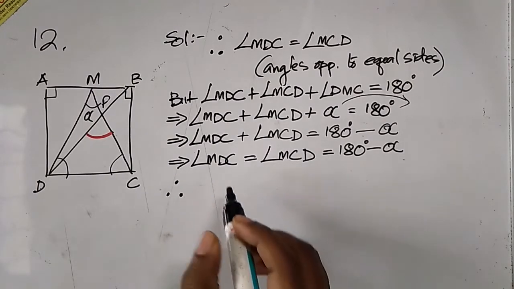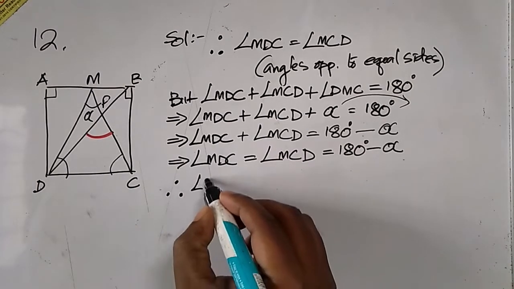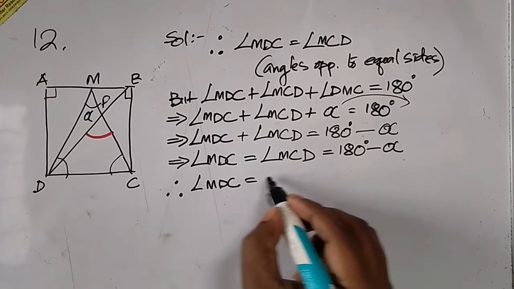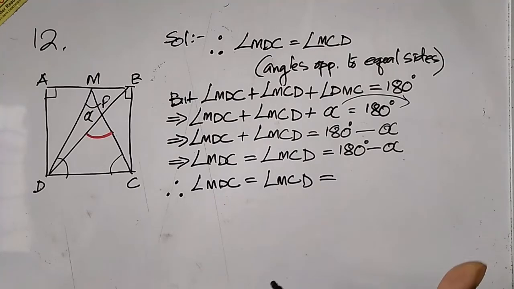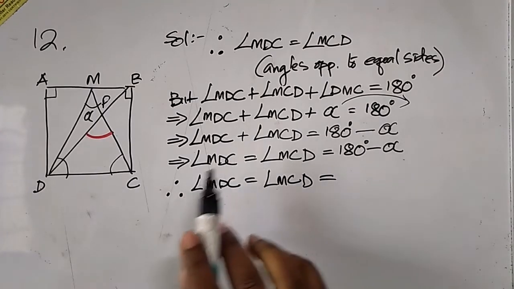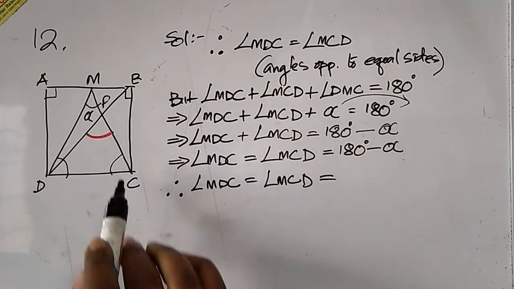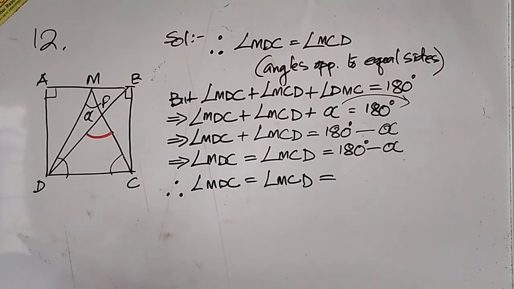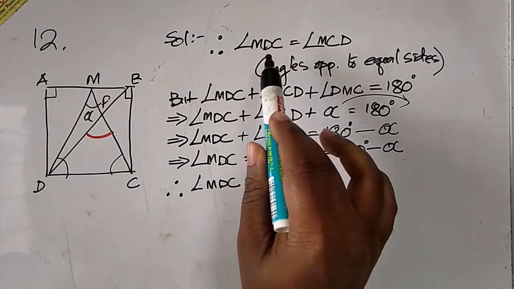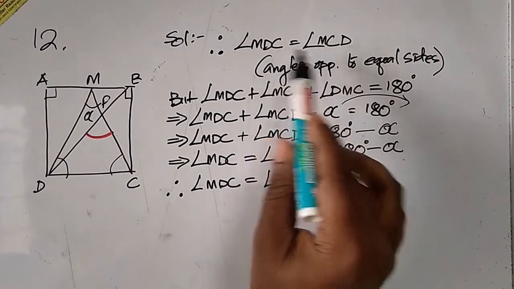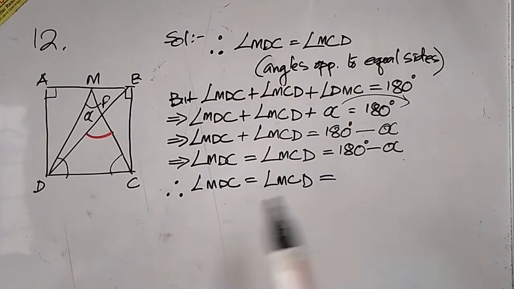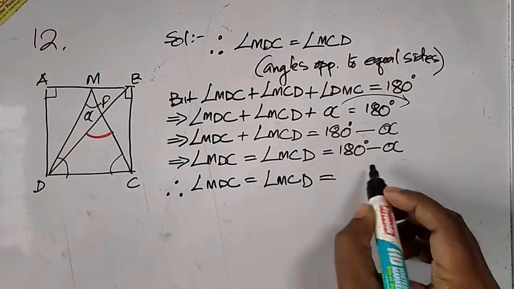Therefore, angle MDC is equal to MCD. Now we have to obtain one angle, alright? Because we have learned that the sum of the angles of a triangle is 180 degrees and MCD is equal to MDC. So if we have to find one angle, we'll have to divide this 180 minus alpha by 2.